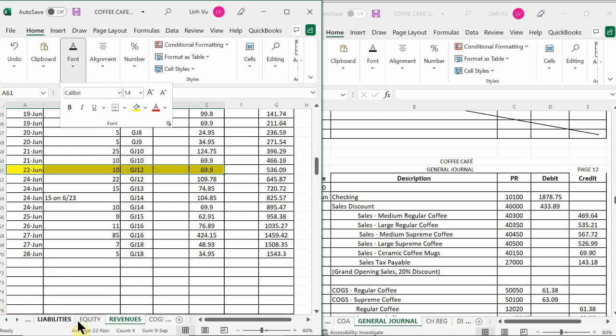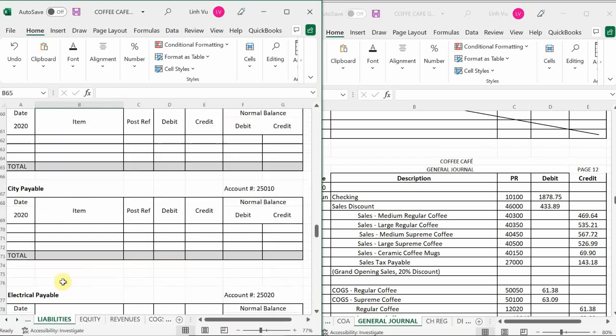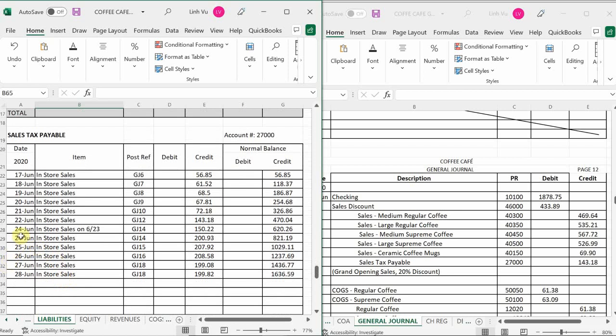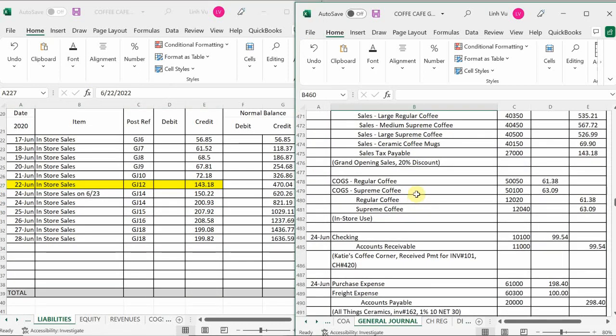Then the sales tax is for $143. Is that right? $143. Cost of goods sold, cost of goods sold. $61 and $63.